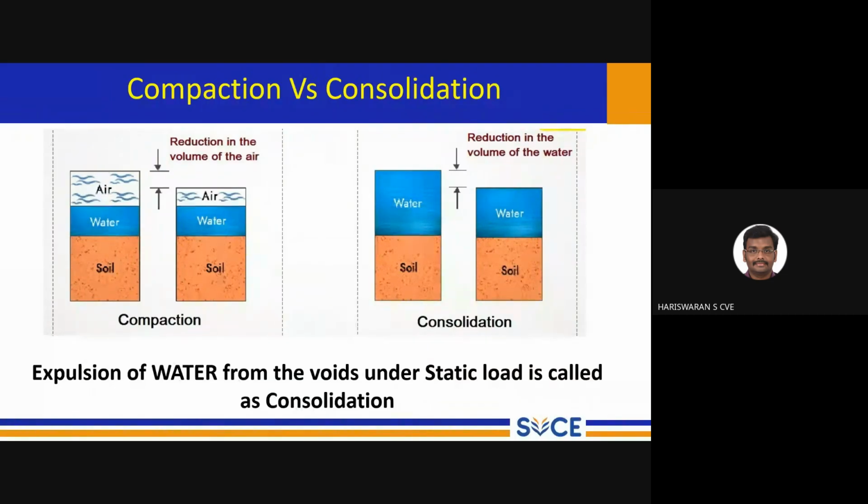Due to the weight of the structure, the water inside the soil is slowly dissipating outward. Till now, the consolidation has not reached 100 percent. That consolidation purely depends on the size of the particles. The time for 100% consolidation may differ from soil to soil.